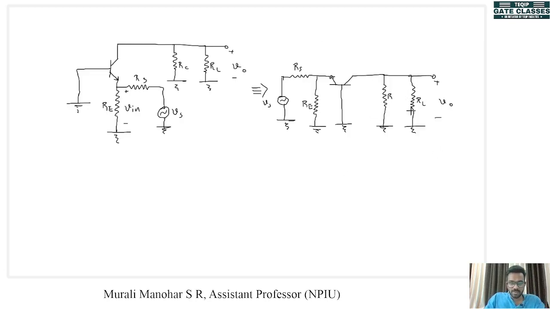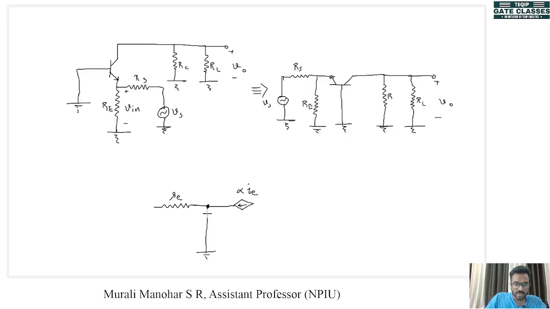Now for this we will be using the re model. So here we have our base. Base is connected to the ground. Here we have the emitter. Between emitter and base we have our re. If you remember, this model is also called the T model. Now we can see a T here. Now there is a current controlled current source, and the source is alpha IE.